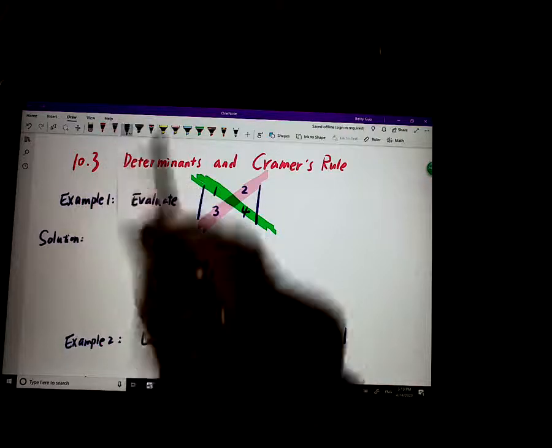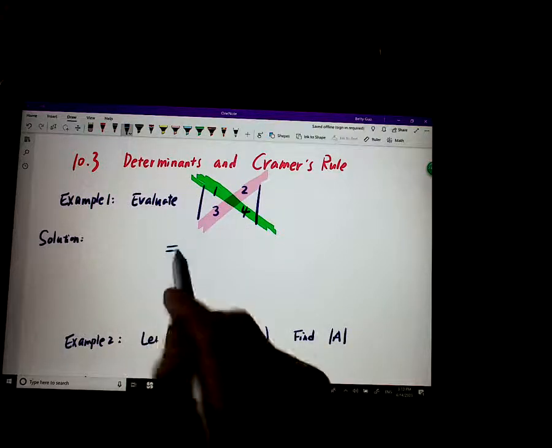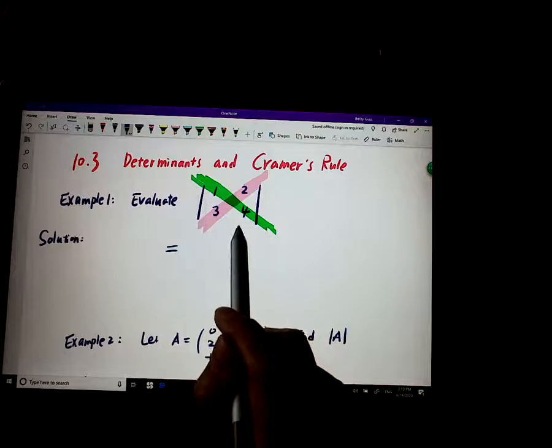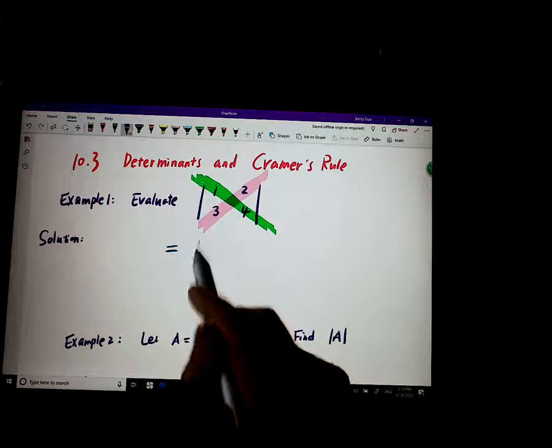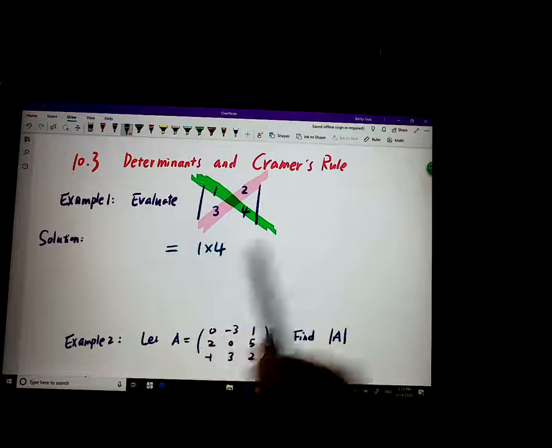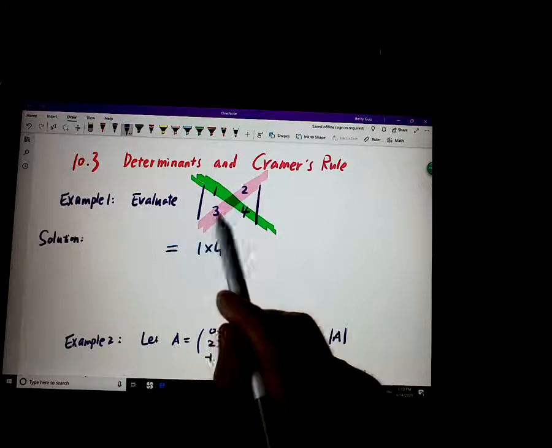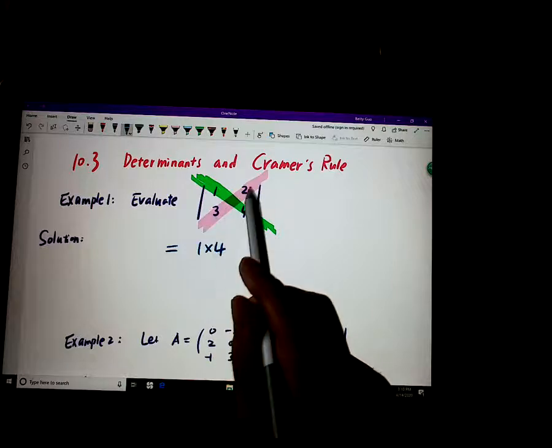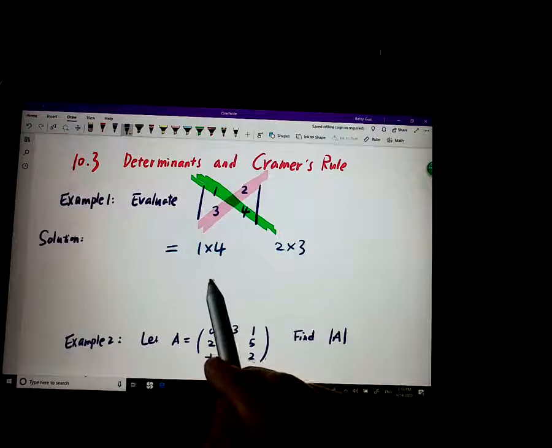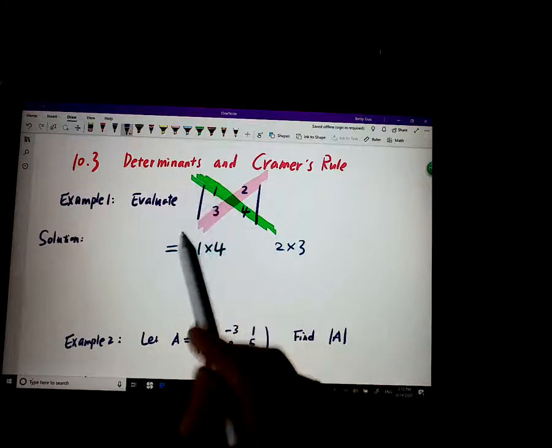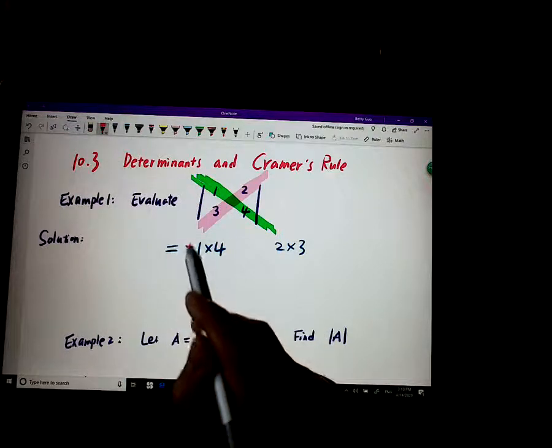Okay, so how many entries in the main diagonal? 2 entries, right? 1 and 4. We're going to take the product of them, 1 times 4. And how many entries in the vice diagonal? 2 numbers, right? We multiply them together. What do we have? 2 times 3, 6, right? For the main diagonal, we're going to keep the positive.